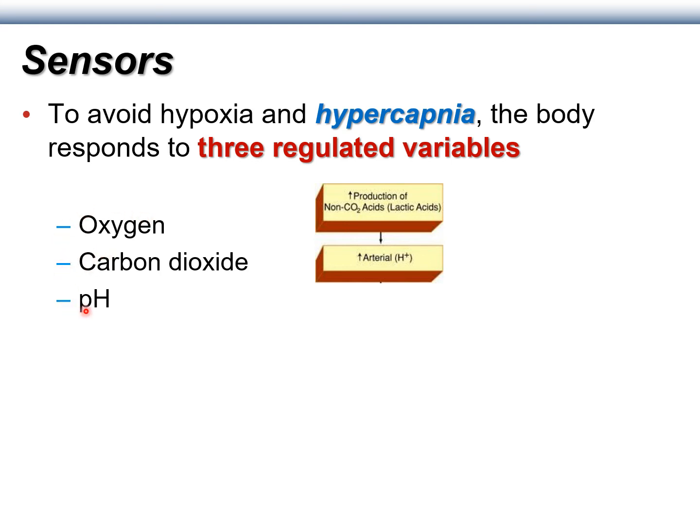Yes, they do influence each other. However, they are and can be mutually exclusive. That is to say, you can have lots and lots of CO2 even if you have plenty of oxygen. You can have plenty of oxygen but have issues with pH and so forth. So yes, they are overlapping. That's because we use similar mechanisms to manage them, but they are not necessarily dependent on one another.